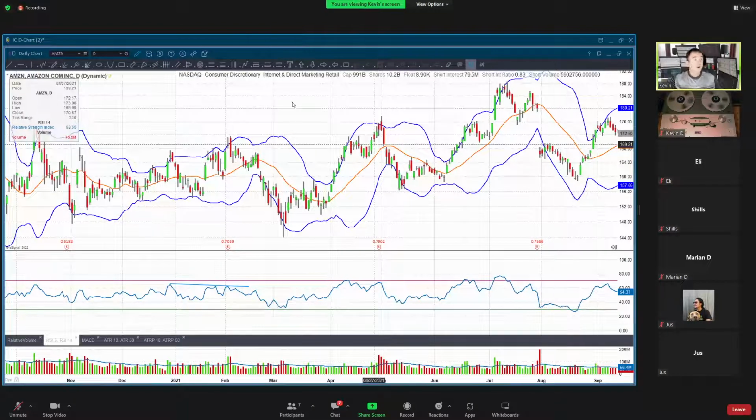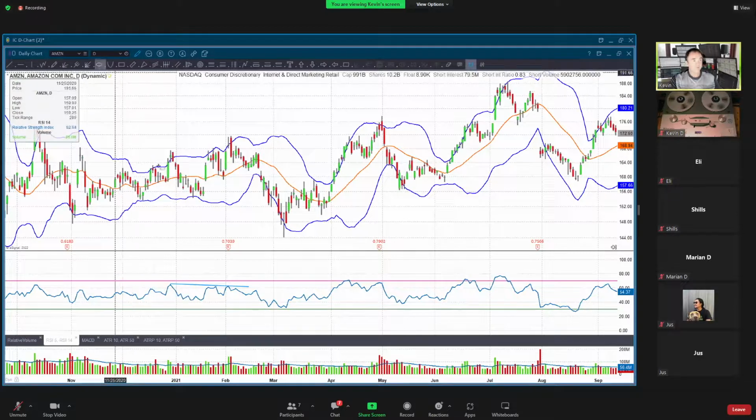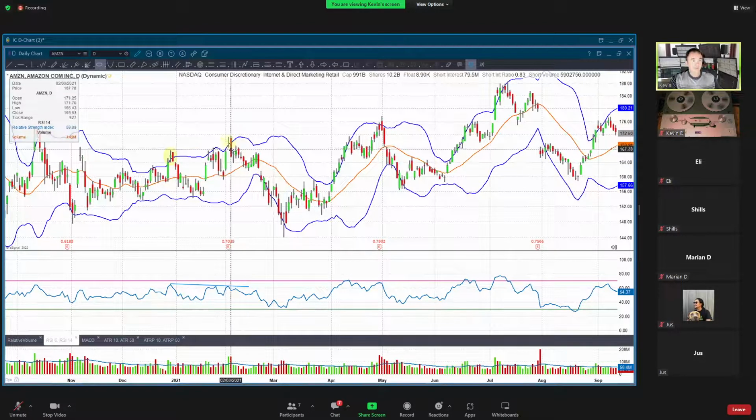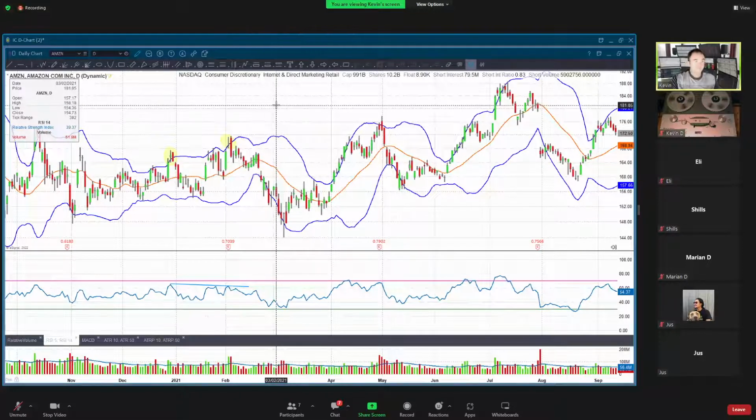While I'm waiting, I'll go ahead and highlight a couple of things here. We're looking at these candles here, and these ones right here. A couple of things tell you this setup isn't great.